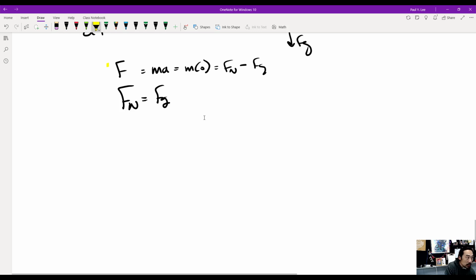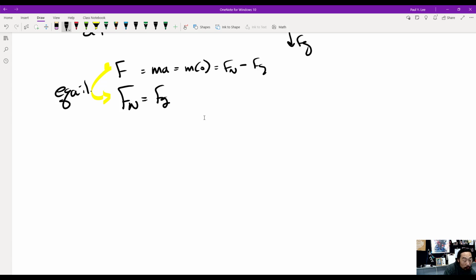Starting from this line, we can algebraically go from that line to this line. This is when you're just standing on the elevator, or in the middle part when you're moving with constant velocity. We are in equilibrium.